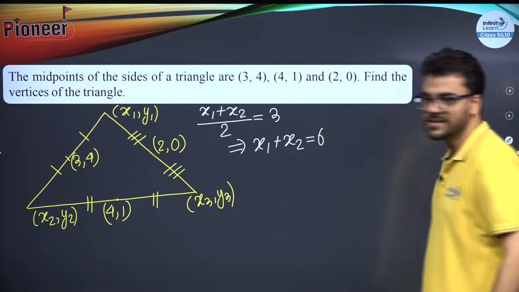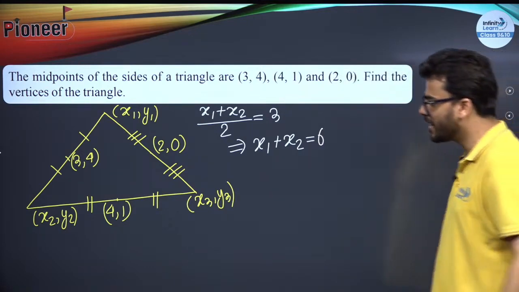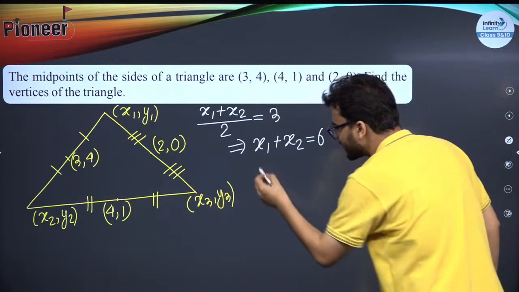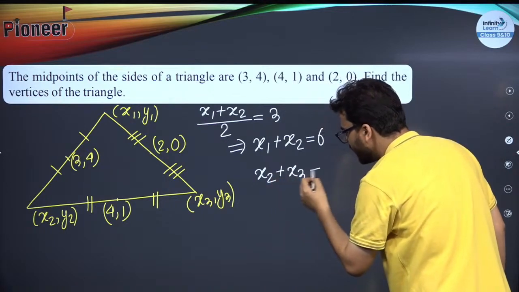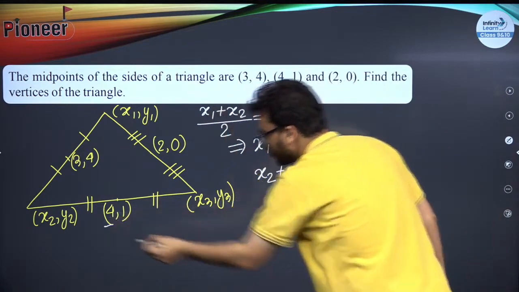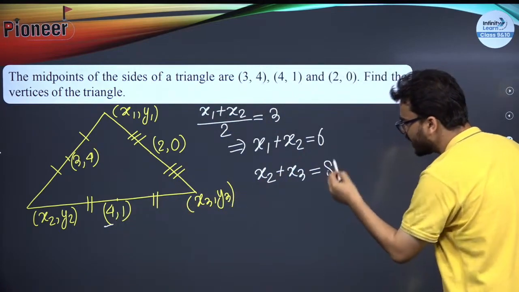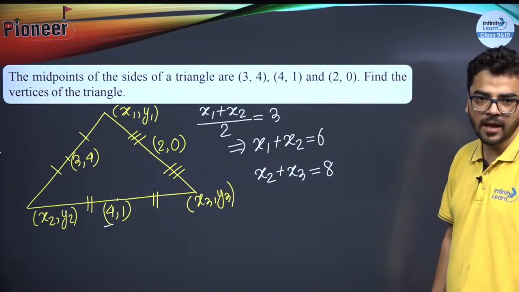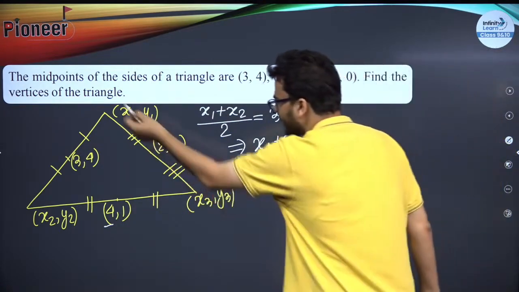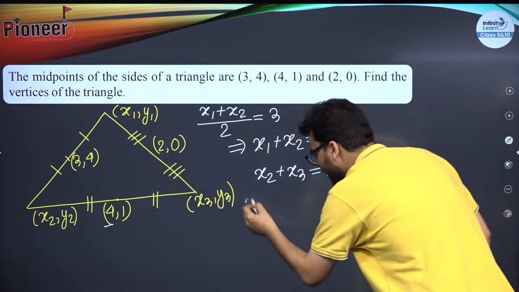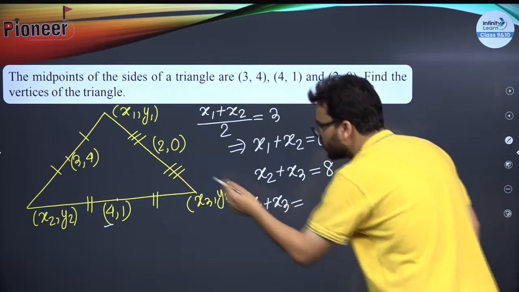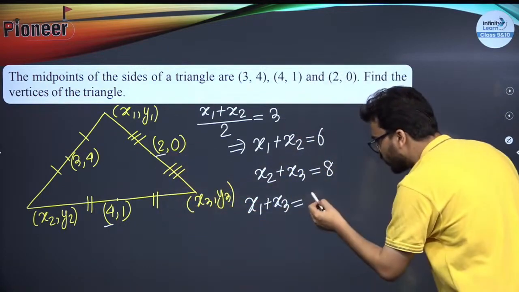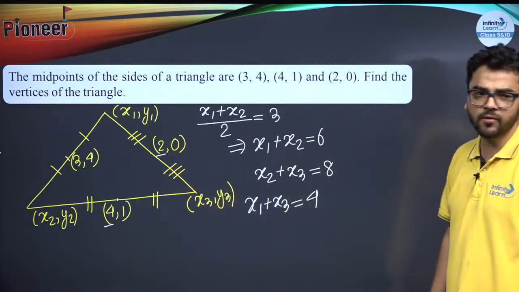In the same manner, can I not say that x2 plus x3 will be equal to 4 into 2 using the midpoint formula, that is 8? In the same manner, x3 plus x1, or we can say x1 plus x3, is equal to 2 times 2, so that is equal to 4. Can we say that, guys?